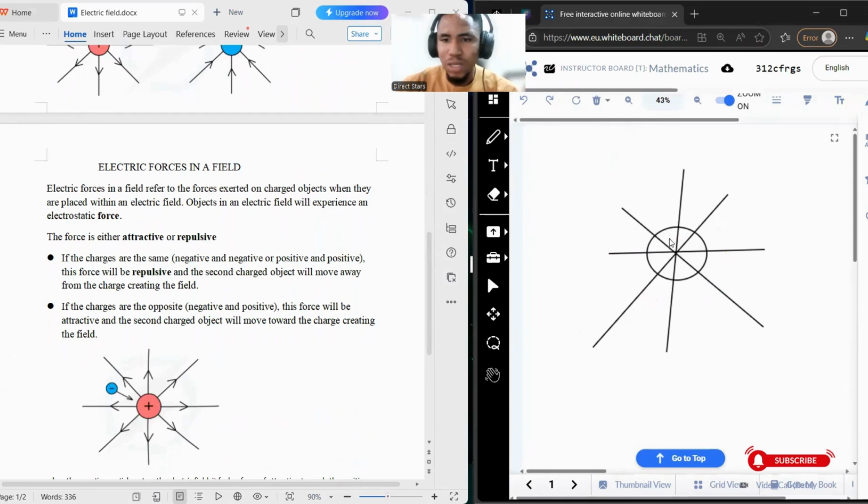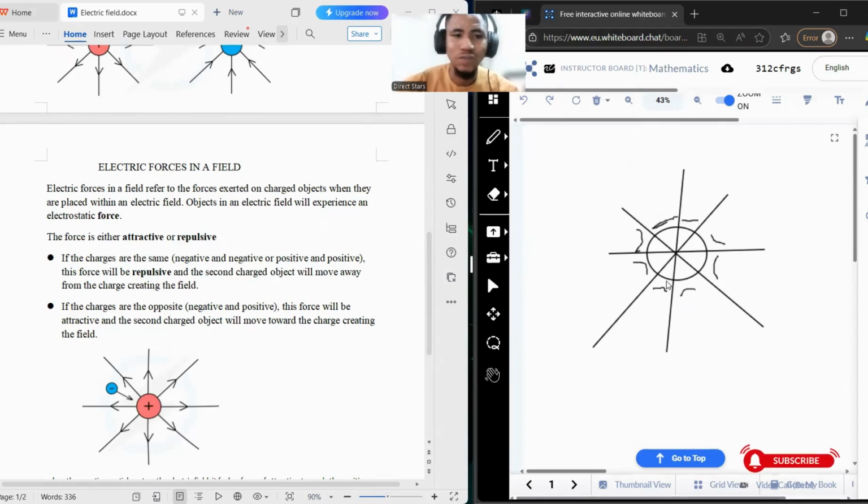That means when other charged particles come closer to this electric field, there are forces that exert on this charged object. The force is either attractive or repulsive. So we have attractive force or repulsive force.